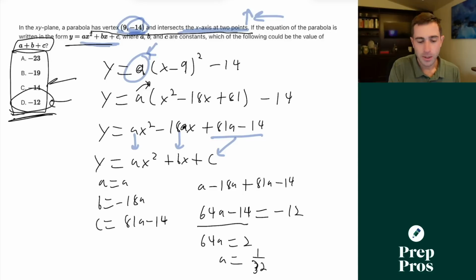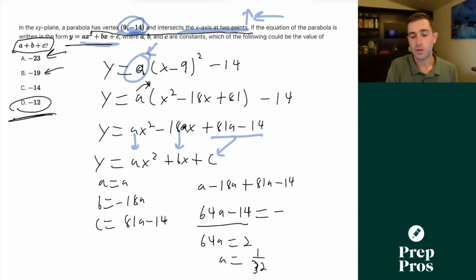Now, if we plugged in negative 14, well, negative 14 plus 14, we would just get 64a is equal to 0. And that's not going to give us a positive value. And with the negative 19 and negative 23, we're going to get negative a values, so we're going to be breaking the rule of that first sentence.